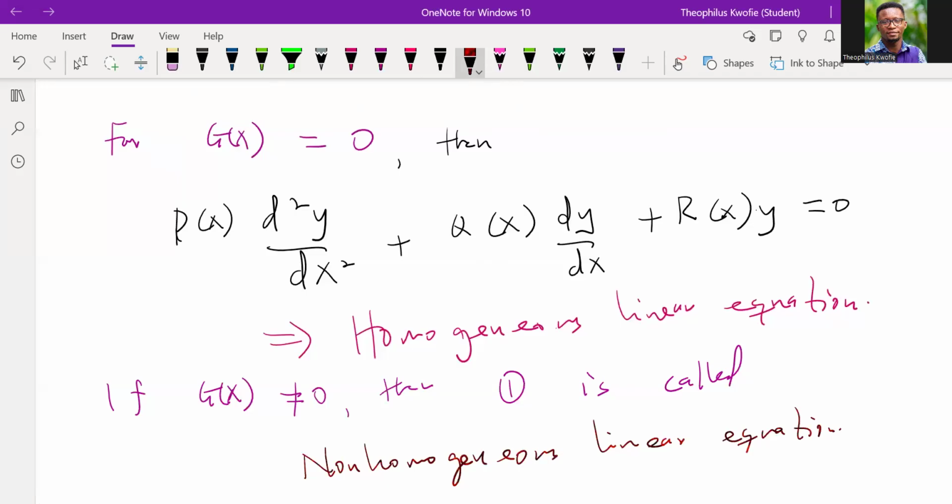Now, another two basic facts that we need to understand as far as differential equations are concerned is that sometimes we can have functions that satisfy the differential equations.